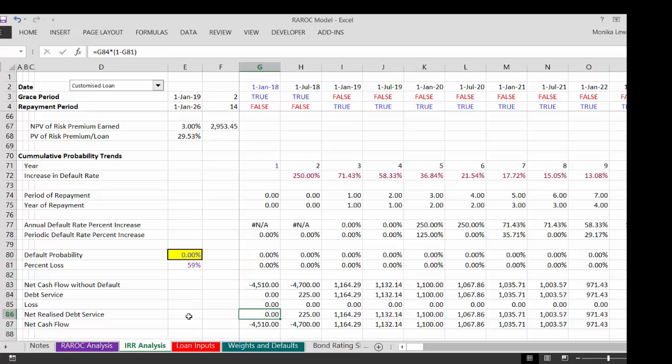And then the net cash flow is just the cash flow that we started with minus the loss.